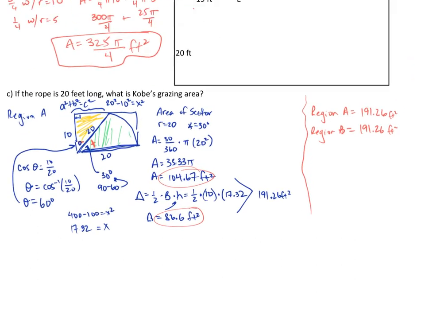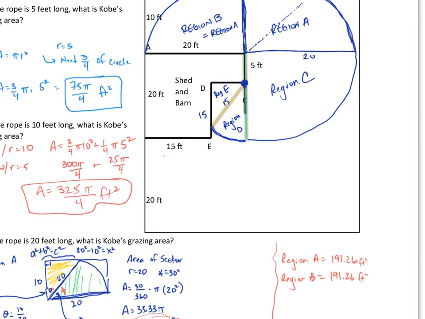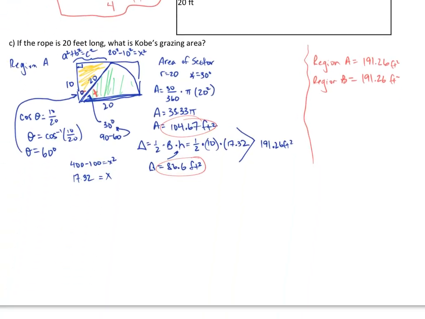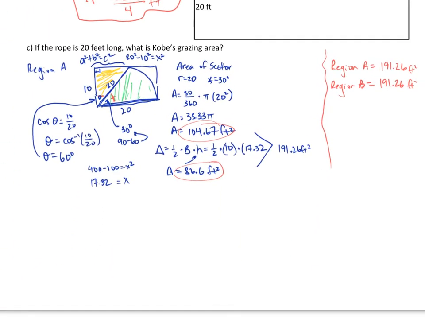All right, let's move on to region C. Region C was that quarter of a circle right in here. If you take a look, region C was just a quarter of a circle that had a radius of 20. That one's easy. So let's do that one down here. We will say region C is going to be, we said, a quarter of a circle, 1/4, with radius 20.